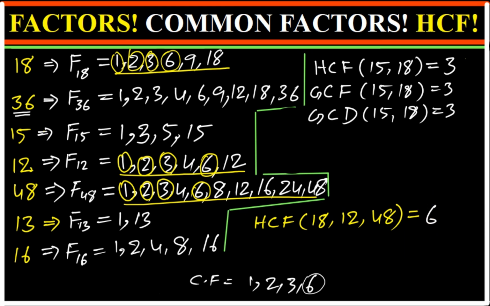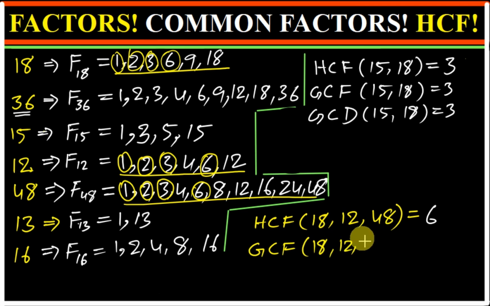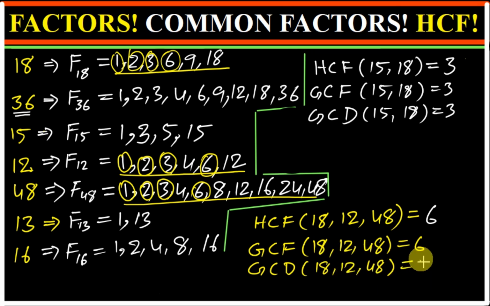We can say the highest common factor of 18, 12 and 48 is 6, or the greatest common factor is 6, or the greatest common divisor of 18, 12, 48 is 6. So this is how we can find the highest common factor, greatest common factor or greatest common divisor of 2 or more than 2 numbers.